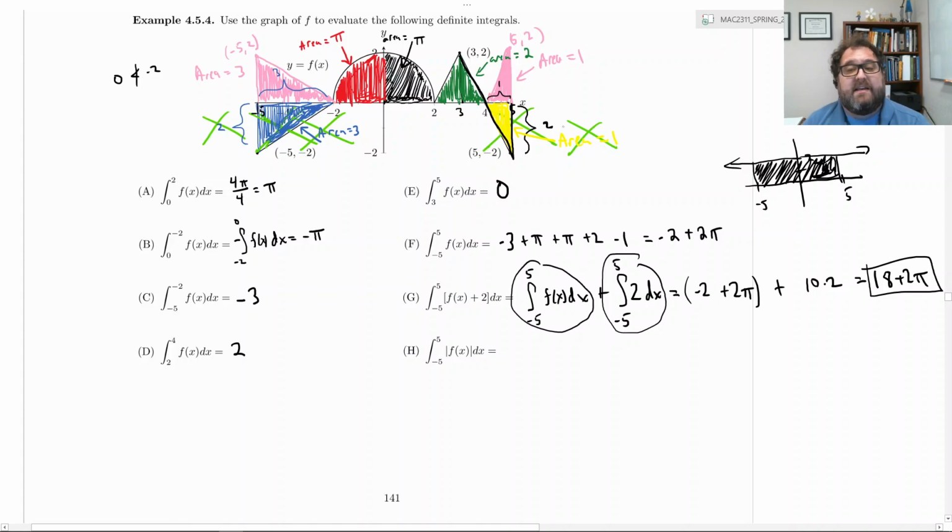The difference is that the definite integral of the pink triangle on the right is different than the yellow triangle, because the yellow triangle was below the x-axis, so it had a -1 definite integral. Pink is above the x-axis, so it has a +1 definite integral. And this question really stresses the difference between area and definite integral. Because absolute value makes everything positive, you have a bunch of positive regions to work with.